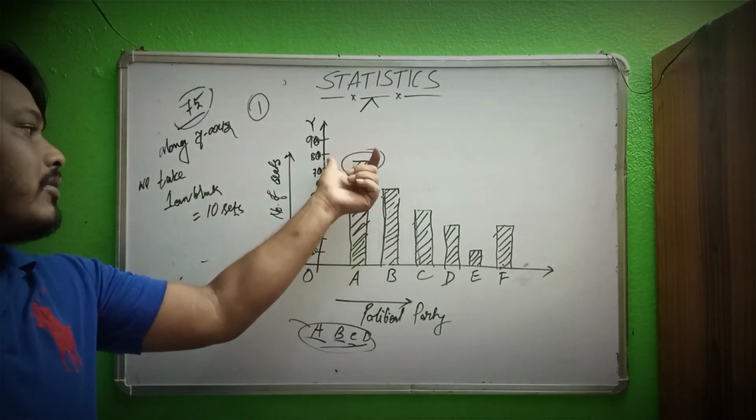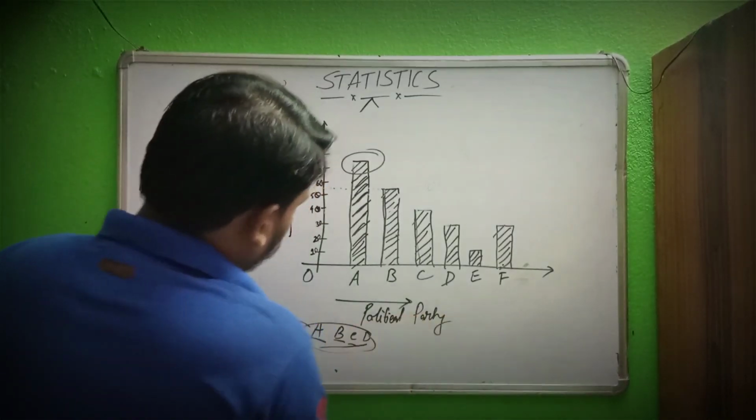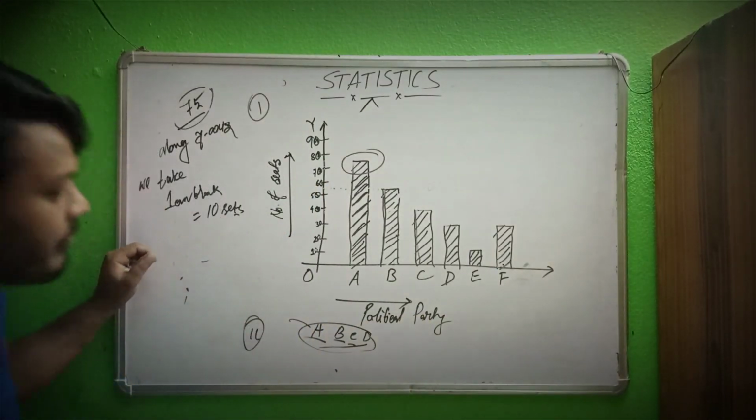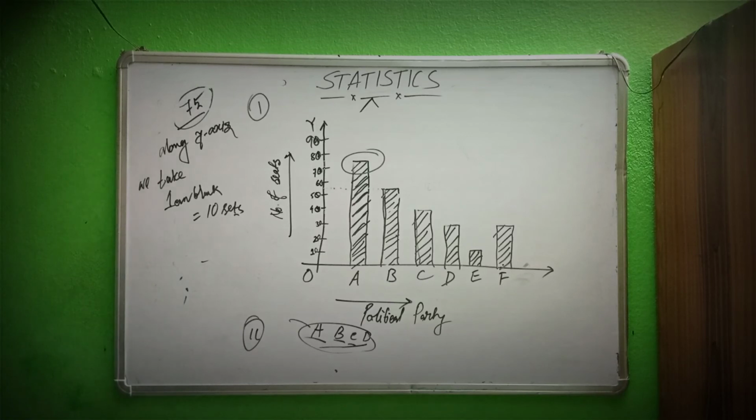And what is the value? 75. So for question two, political party A won the maximum number of seats.